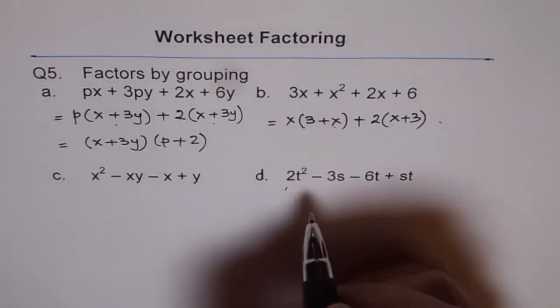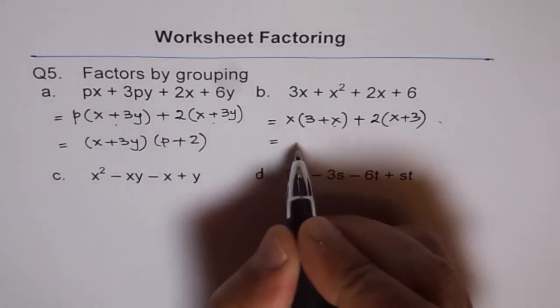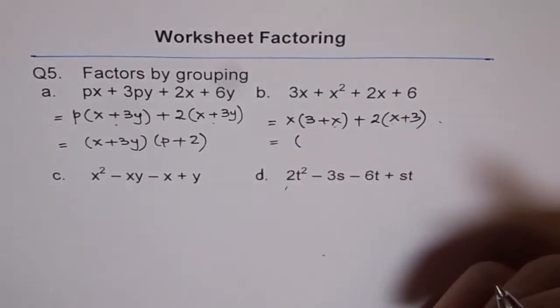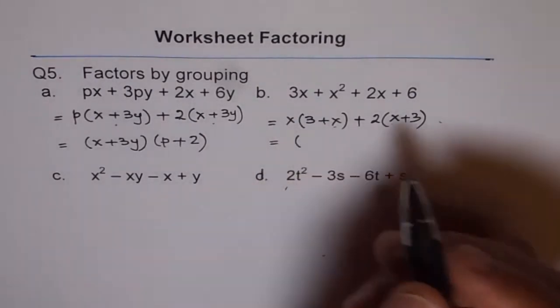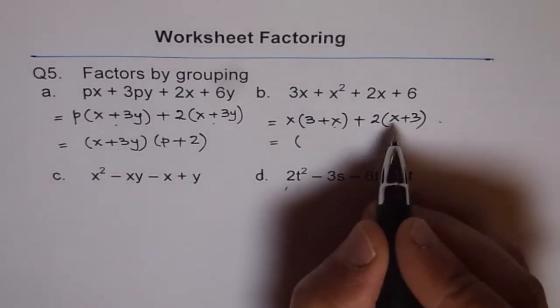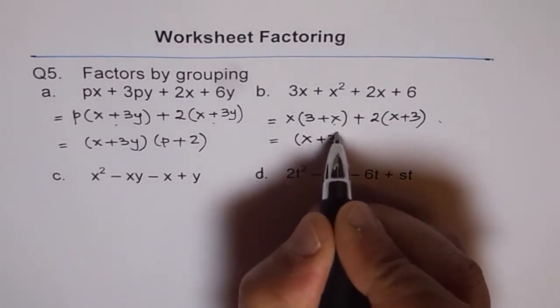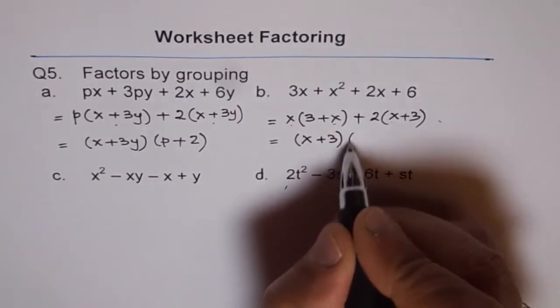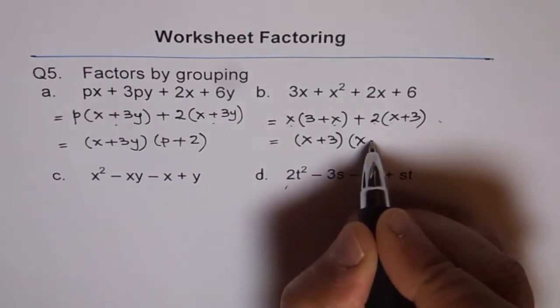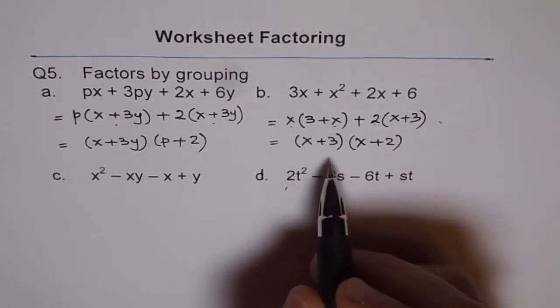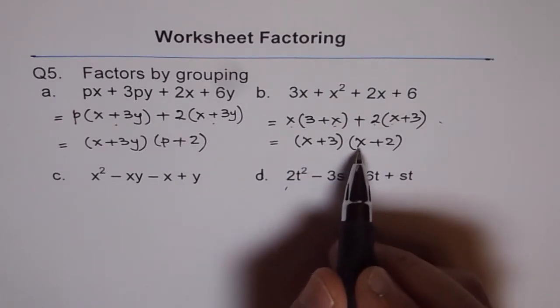So they are common factors. So we can now write this as (x + 3), or 3 + x, as you wish. Better to write as x + 3. So let's write it as (x + 3), and from here we get x and 2 from there. So we get this in factored form as (x + 3)(x + 2).